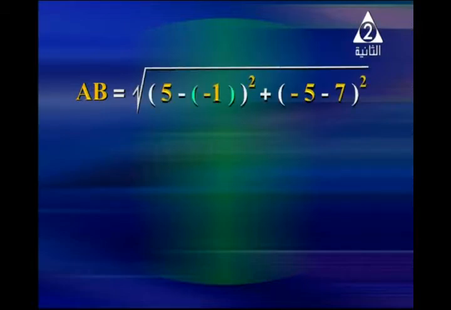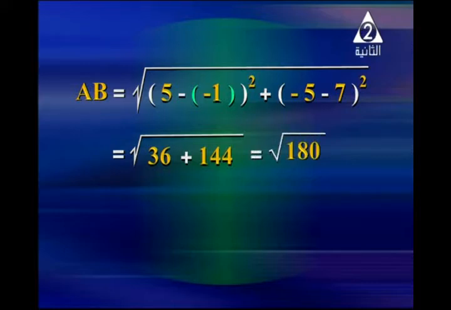It is square root of (x2 minus x1) to the power of 2 plus (y2 minus y1) to the power of 2. So by substituting, AB will be square root of (5 minus -1) all to the power of 2 plus (-5 minus 7) all to the power of 2, to obtain a result as square root 36 plus 144, to obtain a result as square root 180.